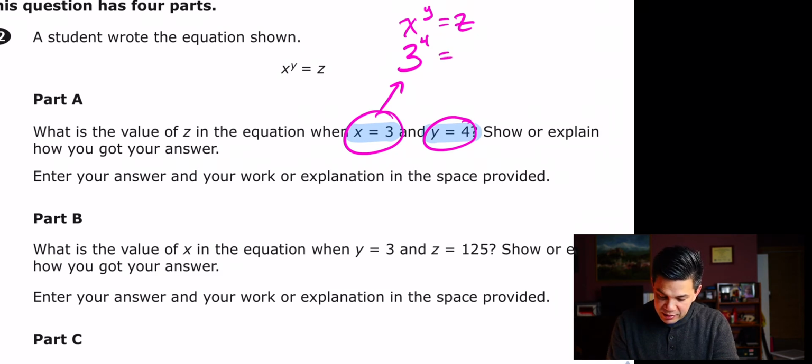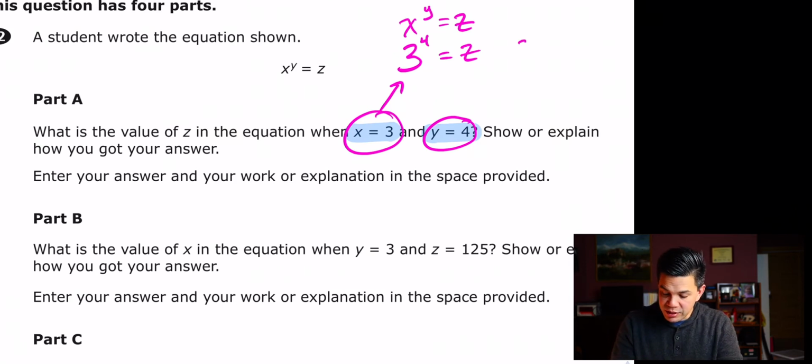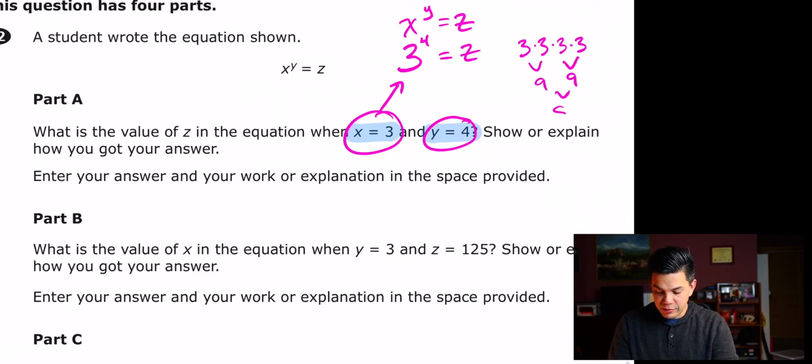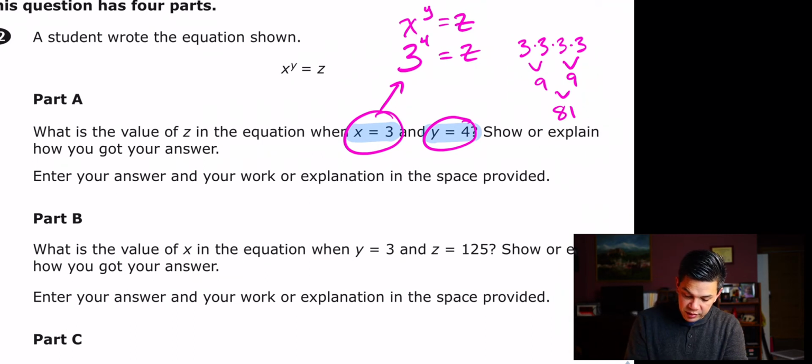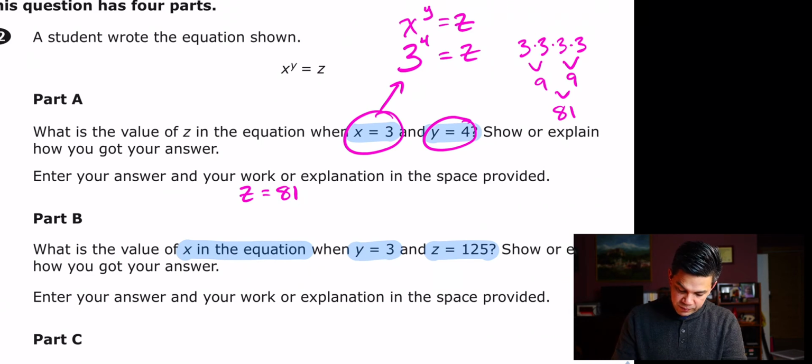And then that's going to equal z. So all you have to do here is evaluate 3 to the 4th power, which is 3 times 3 times 3 times 3, which is 9 times 9, which is going to get you 81. Z equals 81.